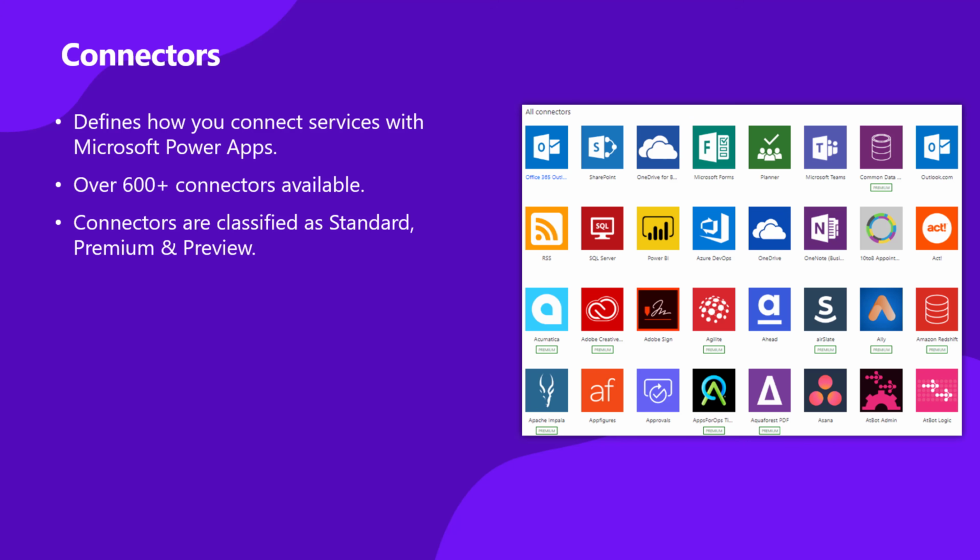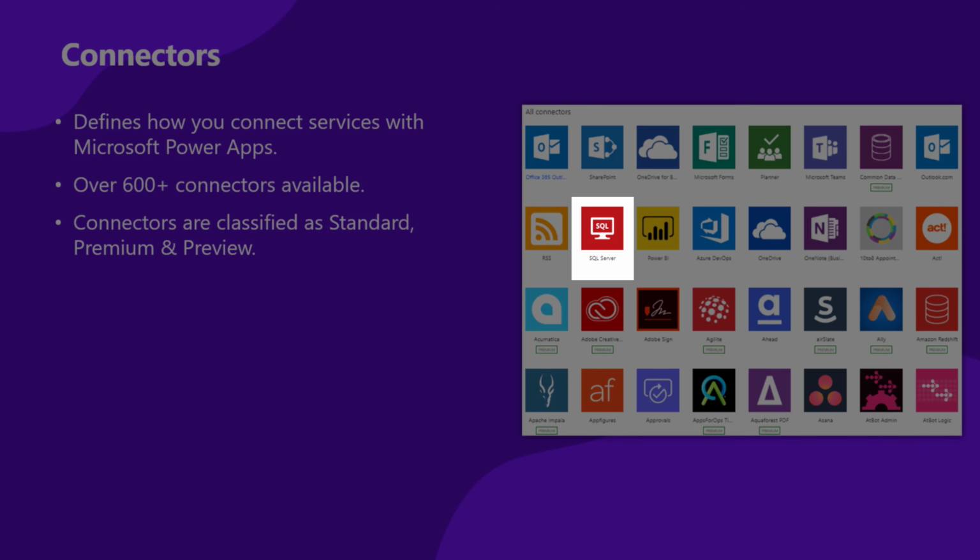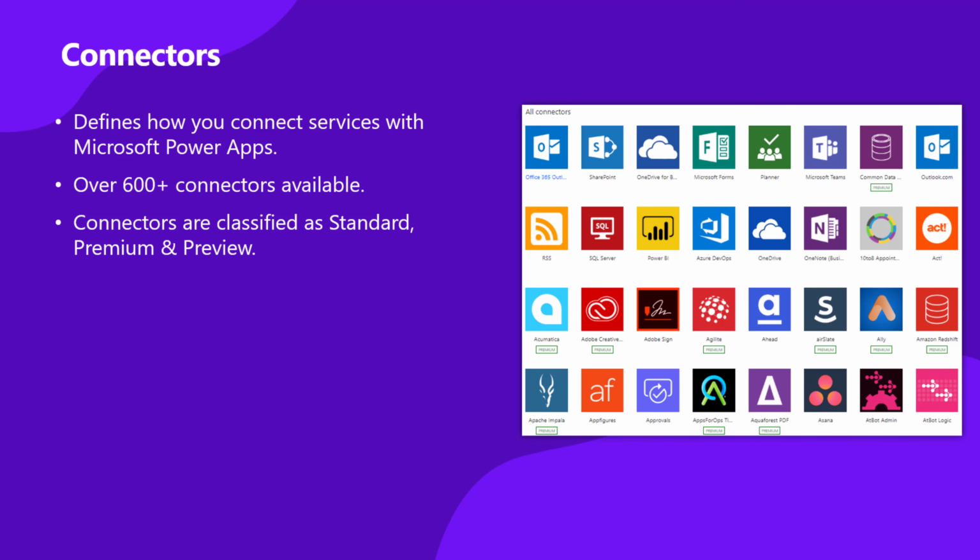The premium connectors are connectors that require additional premium licensing for every user that is running the Canvas app. Examples of premium connectors are SQL, Microsoft Dataverse, Salesforce, and more. Preview connectors are connectors that are currently in preview. You should not be using preview connectors in production scenarios.